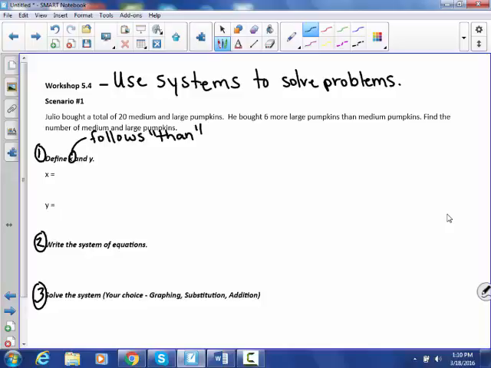Now, which one of those is going to be X? Which one follows the word than? Large pumpkins. Nope. Medium follows it. It's after it. So medium is going to be X. So X is going to be our medium pumpkins. And Y is going to be our large pumpkins.